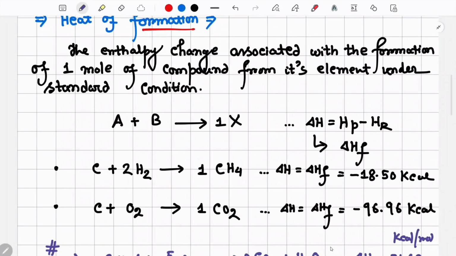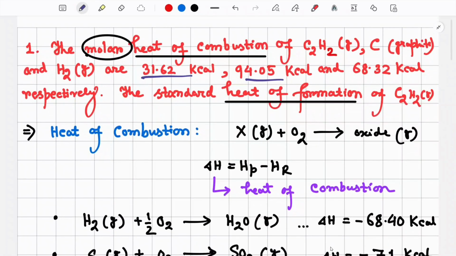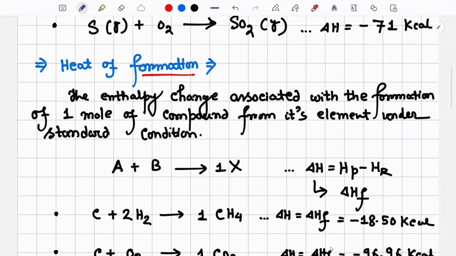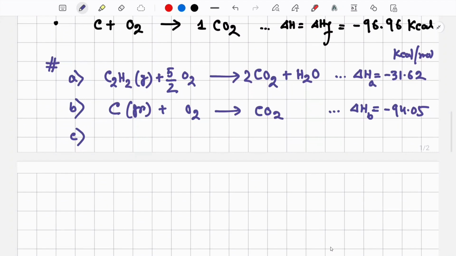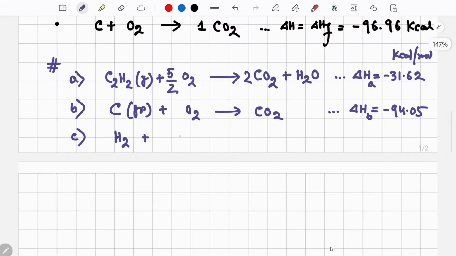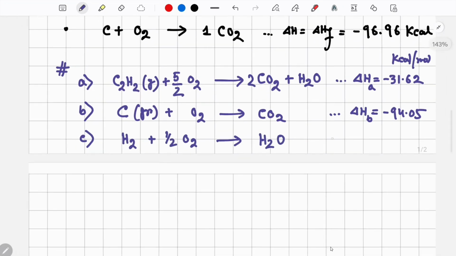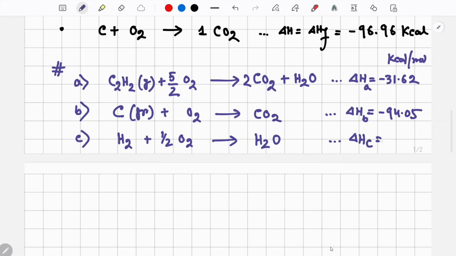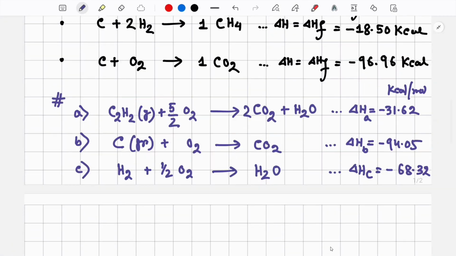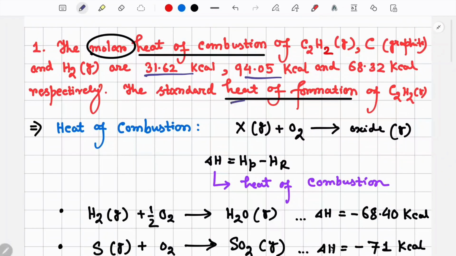And the third reaction is also for H2: H2 plus half O2 to H2O. So now from these three reactions, you have to formulate the reaction which corresponds to the heat of formation of C2H2.